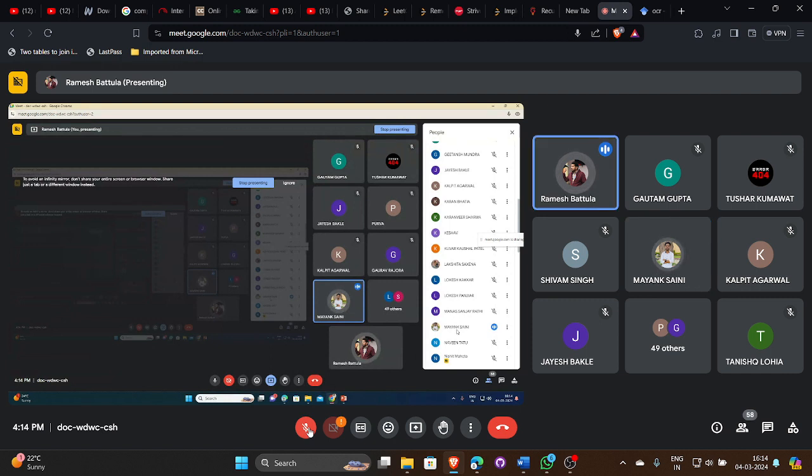Mayank, what is the purpose for which we use hashing in computer science? Hashing is a concept we use for several purposes in computer science. Can you give us a few of them and how we use hashing? Sir, basically we use hashing for data integrity verification and also for password storage.